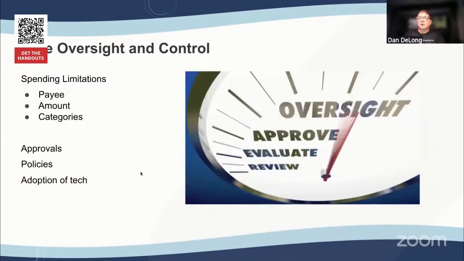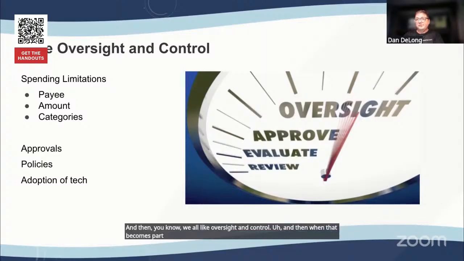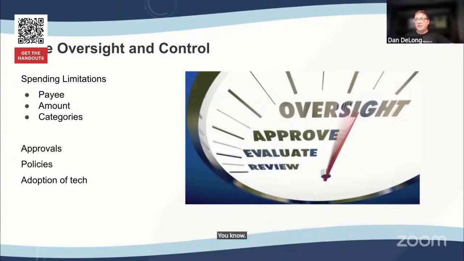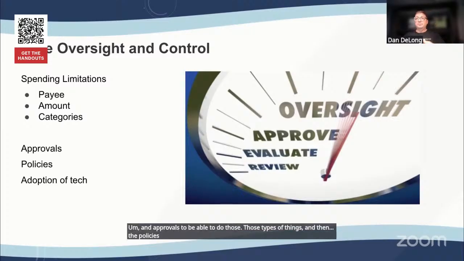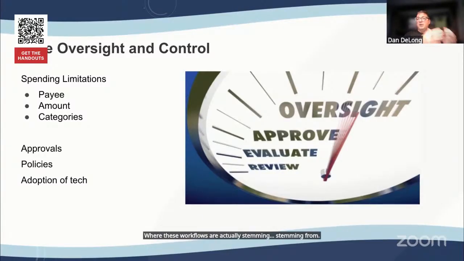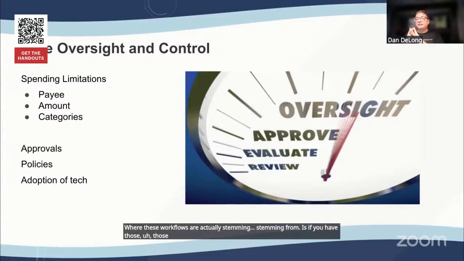And then we all like oversight and control, and when that becomes part of the workflow or the conversation, it comes to spending limitations, whether it's a certain payee, a certain amount, or a certain category, and approvals to be able to do those types of things, and then the policies that are built in, to where these workflows are actually stemming from, if you have those policies that are necessary.